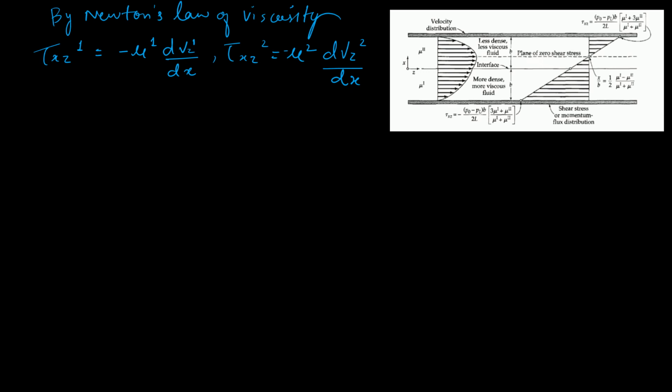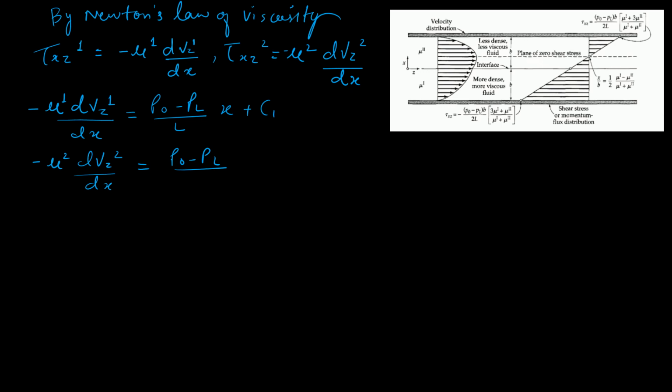Now substituting this in equations 3 and 4, we get minus mu1 dvz1 upon dx equals (P naught minus PL) upon L into x plus C1, and minus mu2 dvz2 upon dx equals (P naught minus PL) upon L into x plus C1.